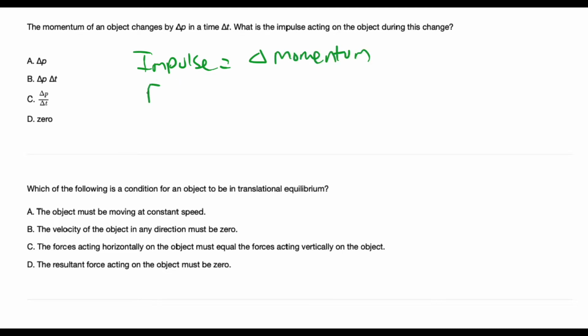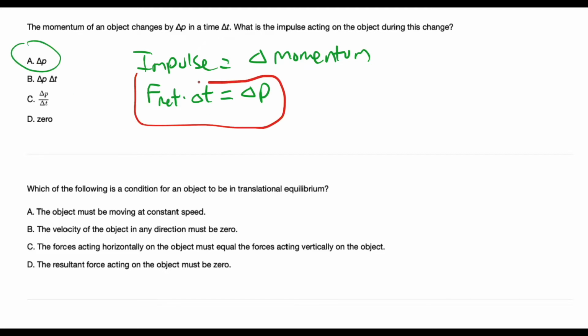So impulse is equal to net force times change in time, which is equal to change in momentum. So for this problem, the answer will be A. And here the equation is represented by different symbols. This equation is very important for your understanding of mechanics.